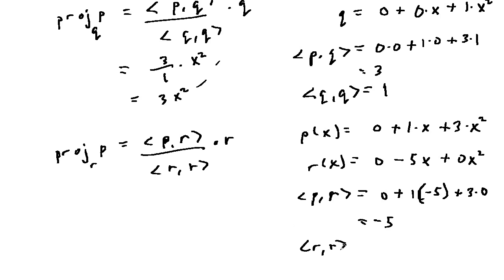Inner product of R with itself: 0 plus negative 5 squared plus 0, so we just get 25. Let's plug those values in. The inner product of P with R is negative 5. The inner product of R with itself is 25. And then we have R itself, which is the polynomial negative 5x.